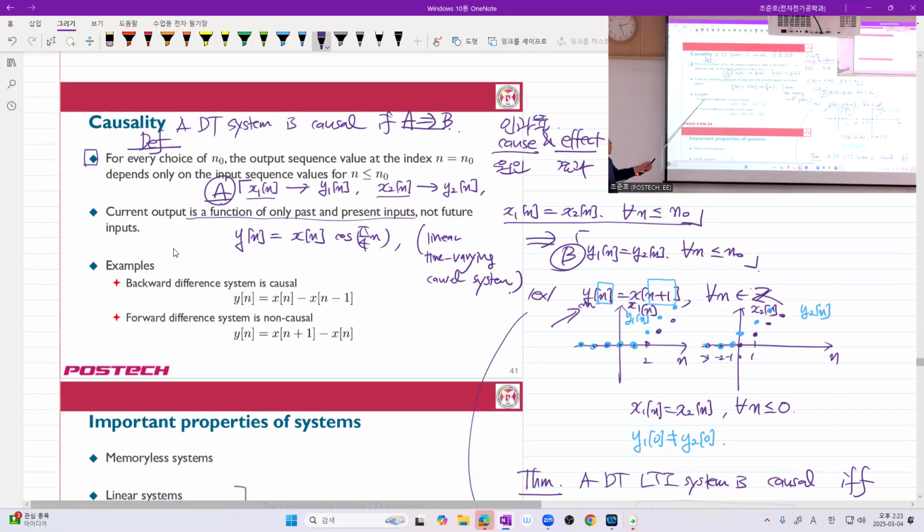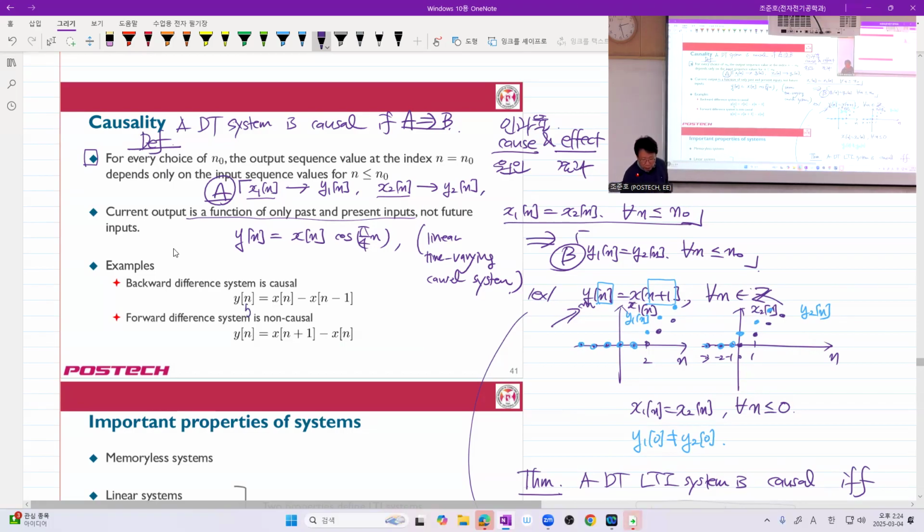Now here goes some other examples. You will see this type of input-output relation many times today and from today. And we will name this relation, but anyway, let's see. The current output equals the current input minus the past input by just 1 unit of time index, right?